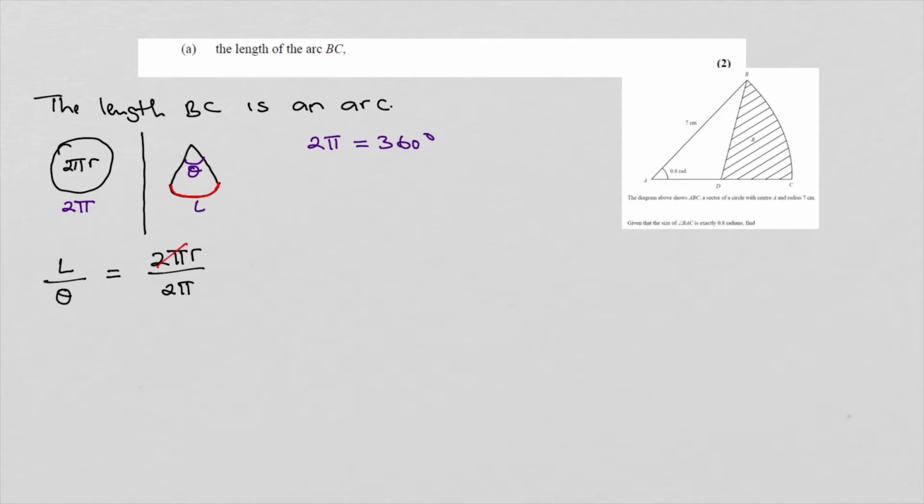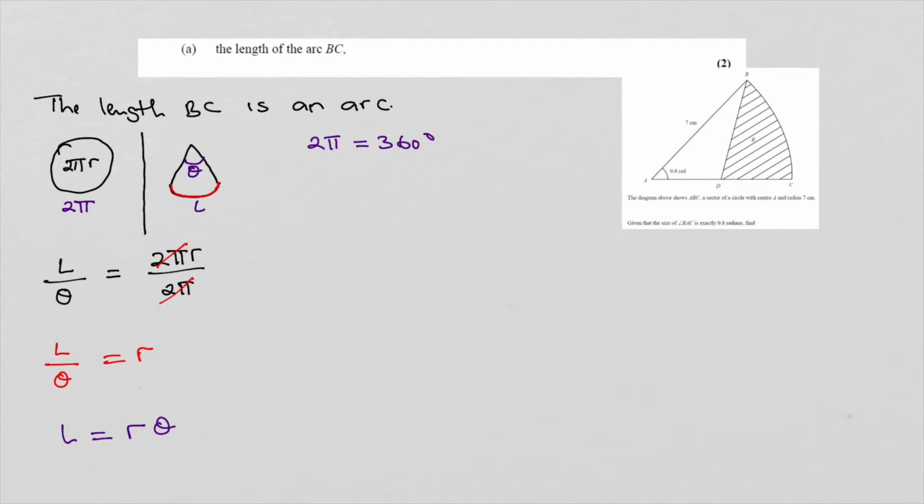So 2 pi cancels 2 pi. Therefore, L over theta equals r, and if I rewrite it, L will be equal to r theta. So you don't need to memorize the arc of a sector.